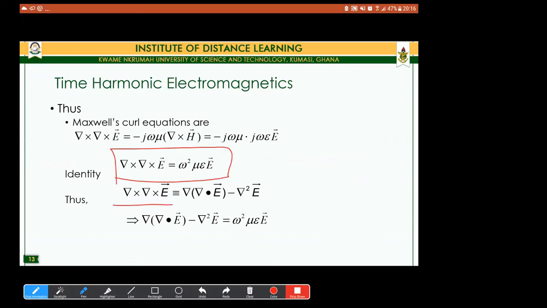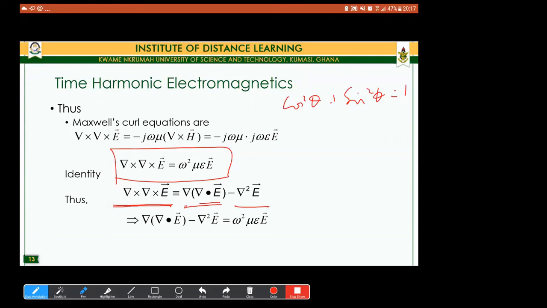The identity is that you can write curl of curl E as the gradient of the divergence of E, that is del into bracket del dot E, where del is the gradient and del dot E is the divergence of E, minus del squared E. This is an identity like you have for trigonometry, for example cos squared theta plus sine squared theta equals 1. Similarly, for the curl equation, this is an identity.